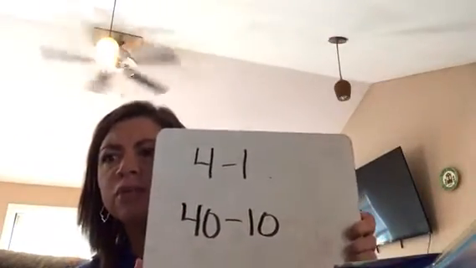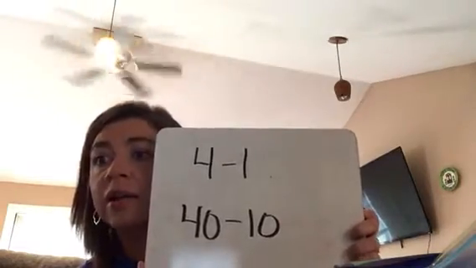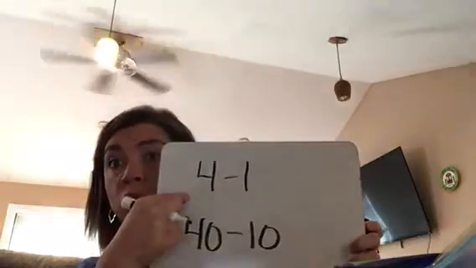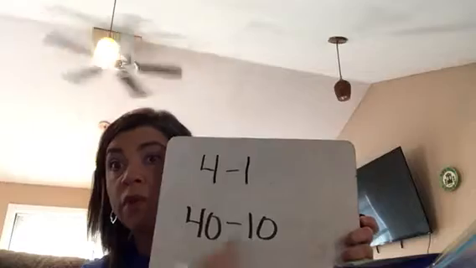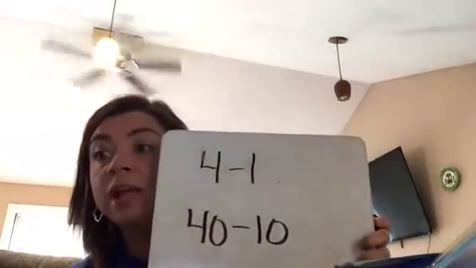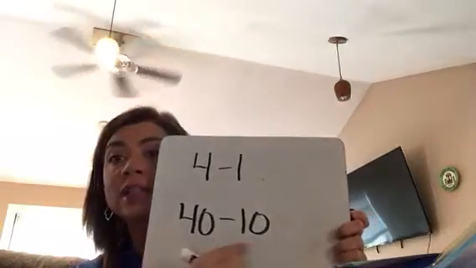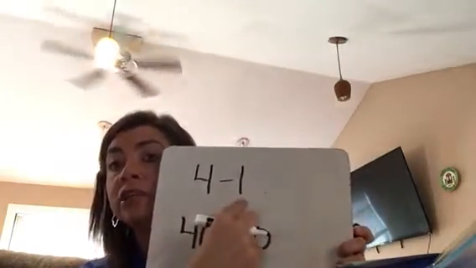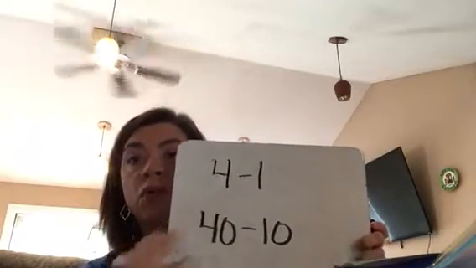How are these two problems alike? Well, they both have the digits 4 and 1. In the second problem, you're subtracting 1 ten away from 4 tens. In the first problem, you were subtracting 1 one away from 4 ones.